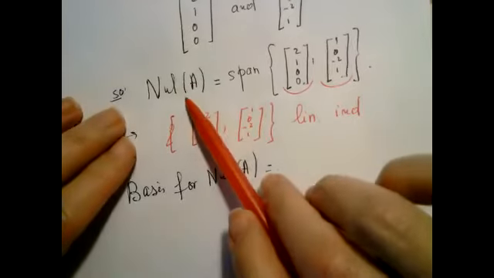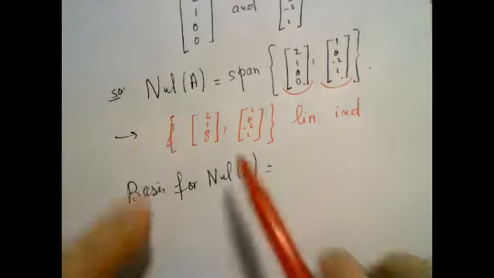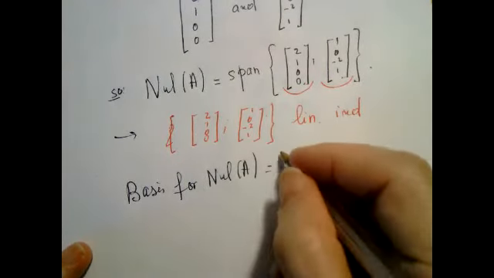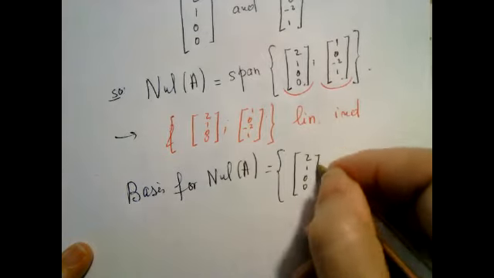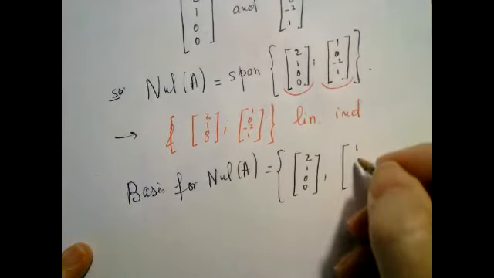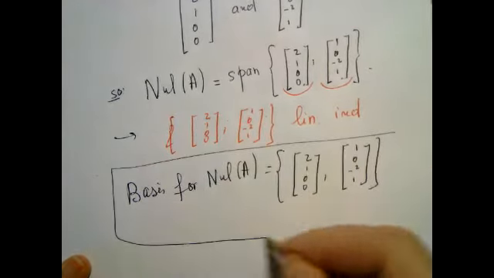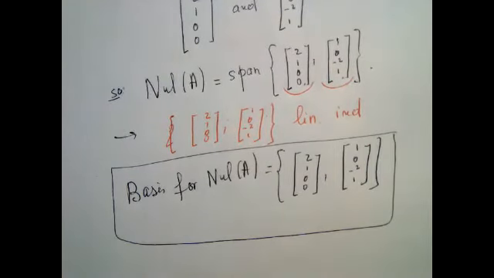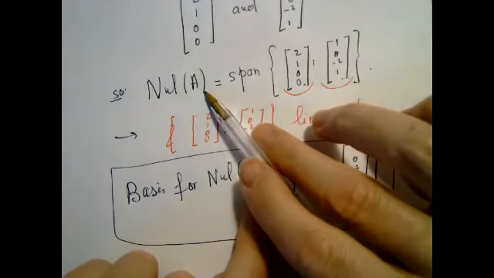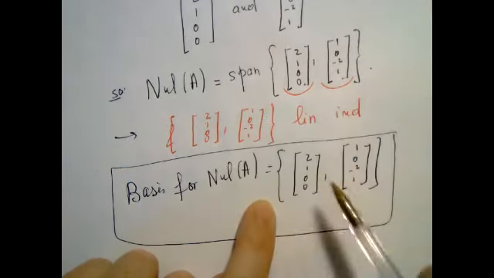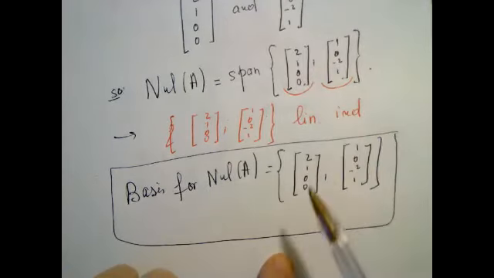So now the null space is the span of those two linearly independent vectors. So the basis for the null space is nothing more than those two vectors, for two reasons: their span is the null space itself, and they are linearly independent.